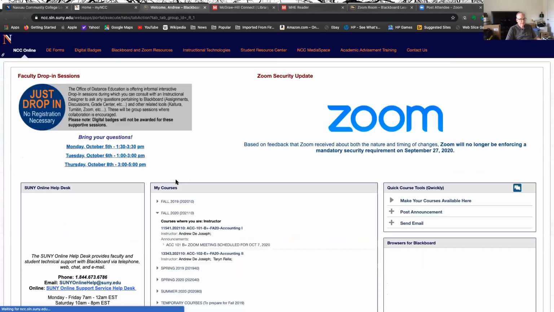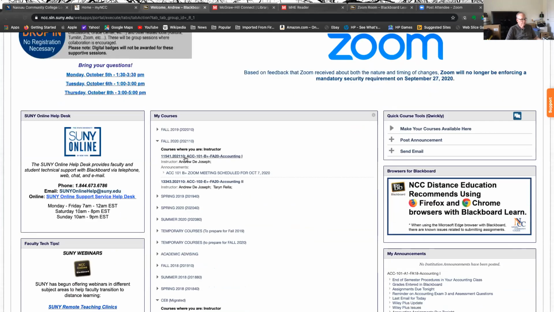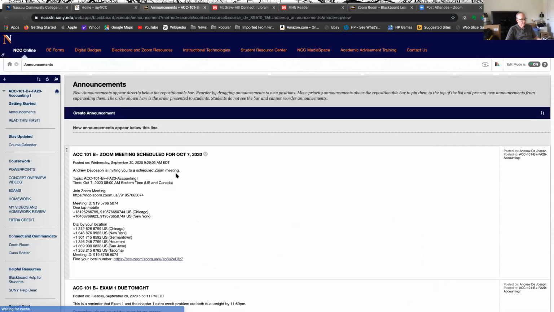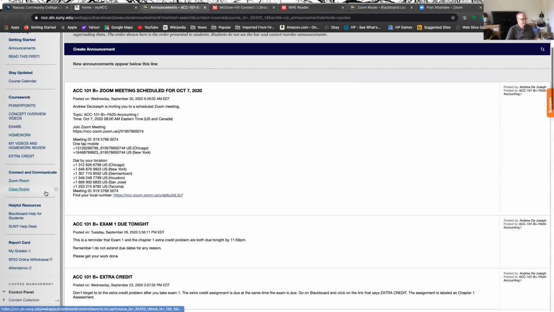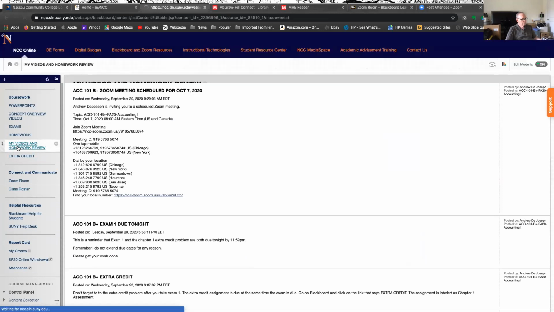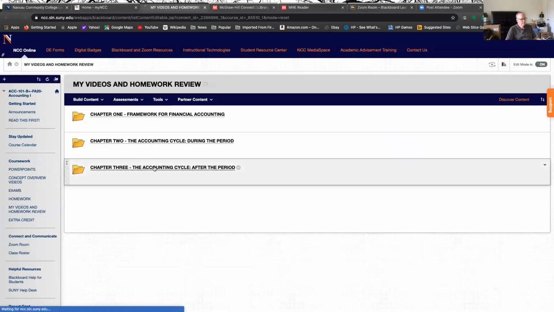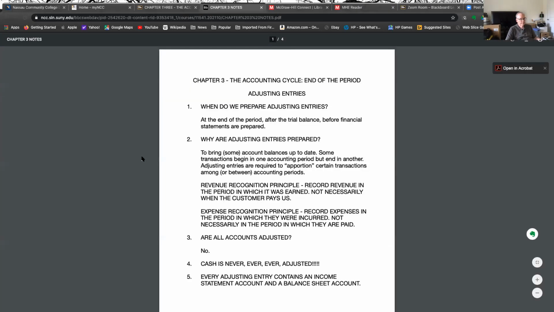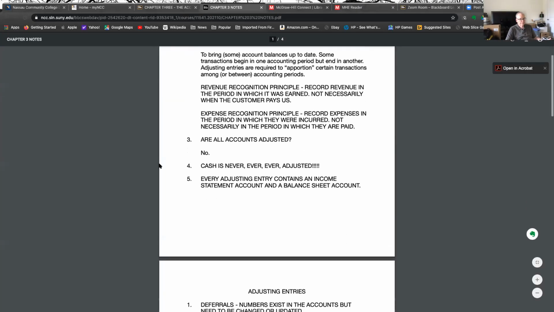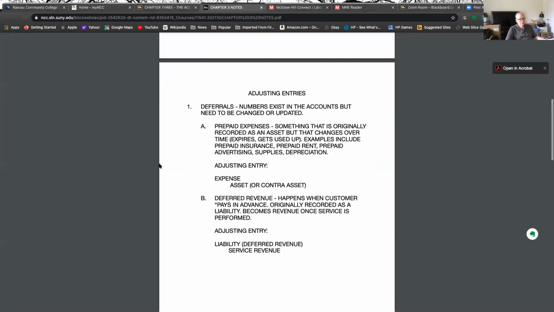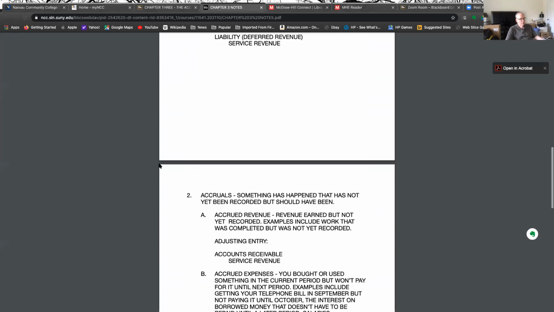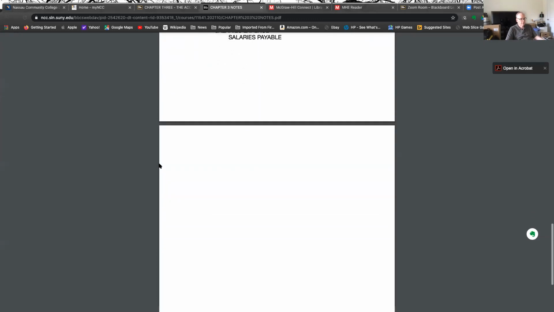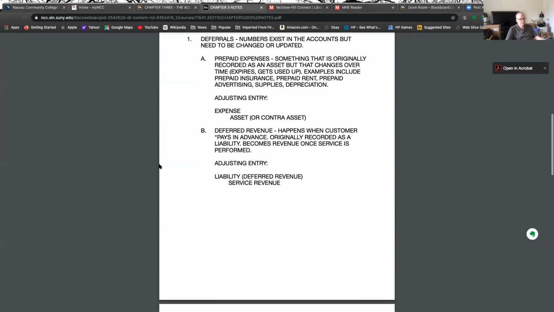Again, it's in your materials. These notes explain in a few pages what the book might take 30 pages to tell you.